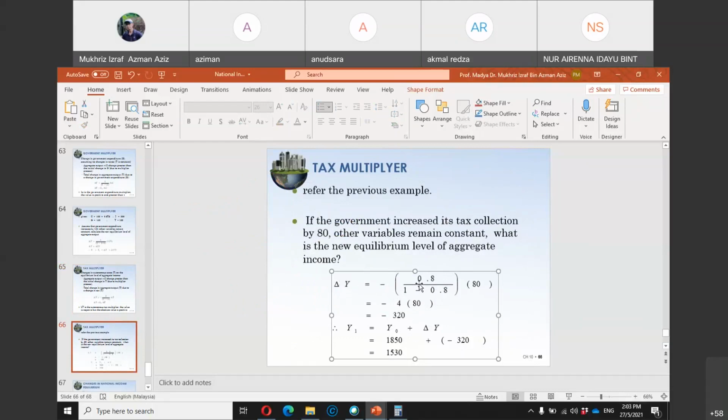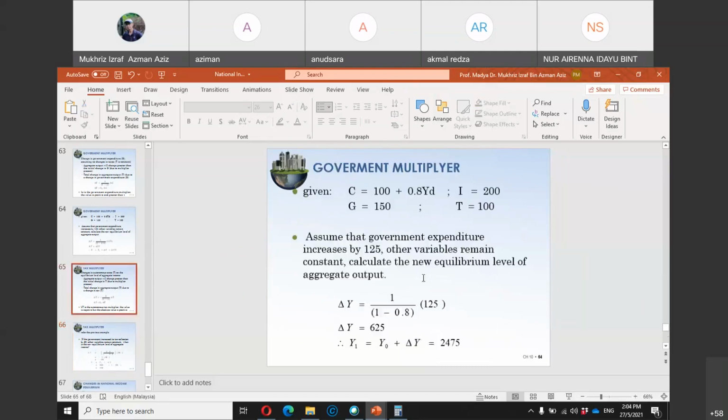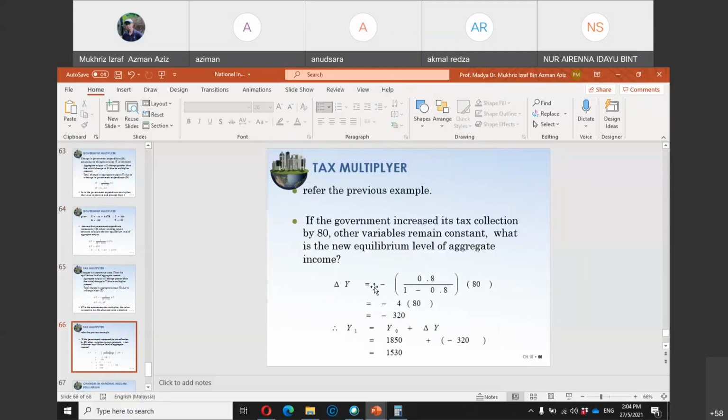We know that first you need to solve for the multiplier value, so it will be negative B. We know that B just now from the consumption function is 0.8, correct? So using that information, negative 0.8 divided by 1 minus 0.8, you get the multiplier value to be negative 4. So negative 4 is the tax multiplier value.